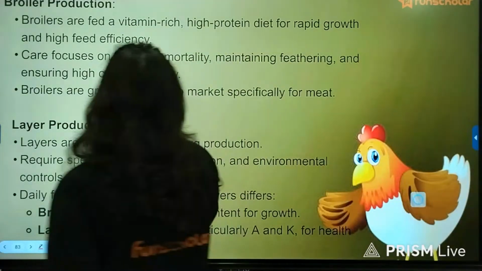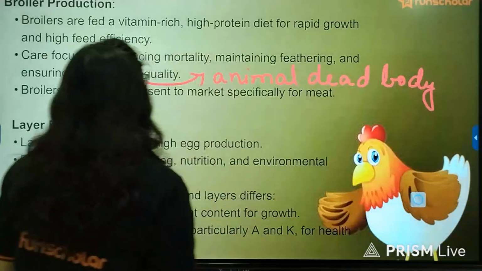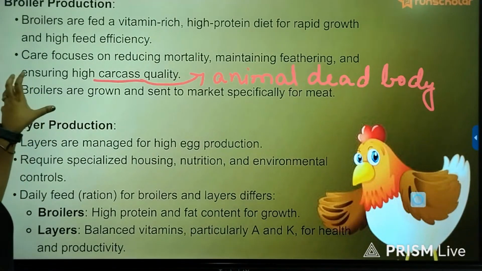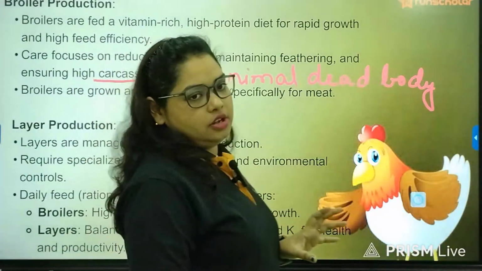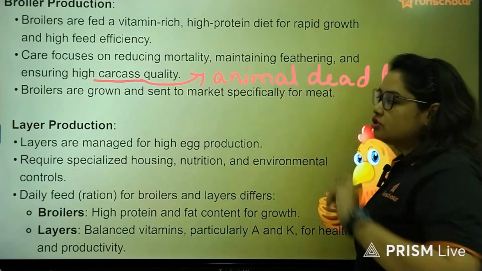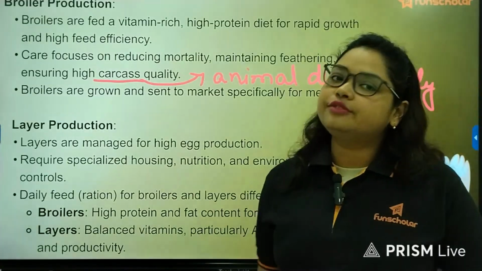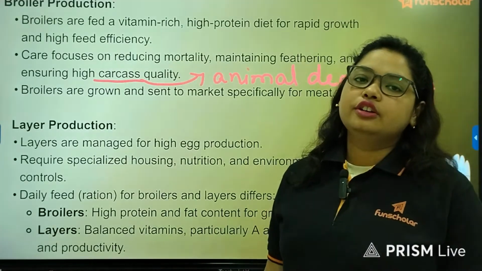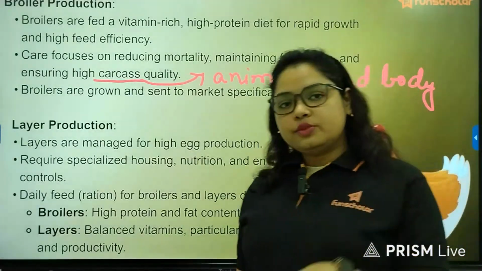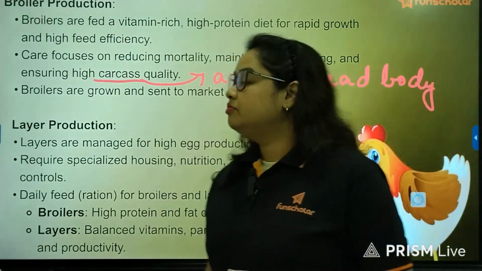Carcass means the dead body of animals, the dead body which is used as meat, so that quality should be maintained. Why do we take the meat? Obviously for obtaining proteins and all the nutrients present in the carcass. So if the carcass quality is low, there is no use for taking in that meat.